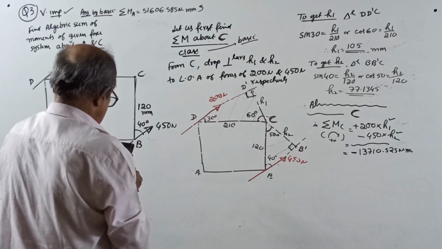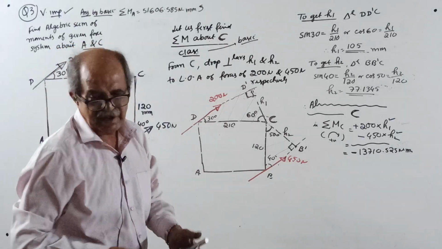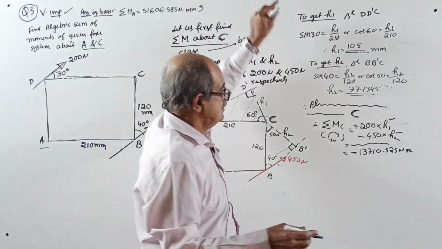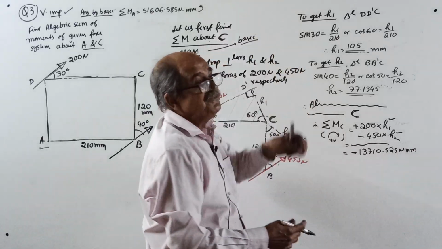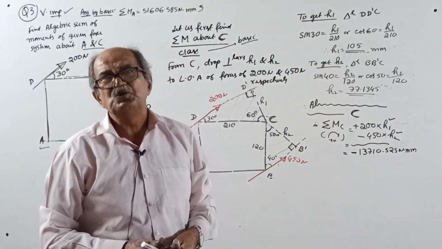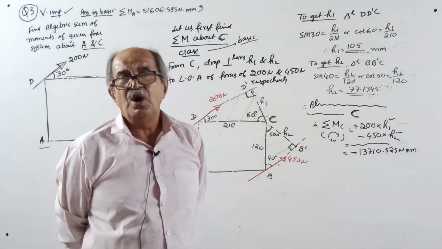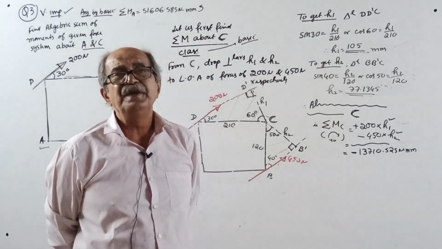It is my own calculation, into 120. 13710. Oh, correct. Newton millimeter. Anyway, that comes later. You don't worry. You should tell. If he murmur something in the class himself, we are not supposed to bother what he is telling. He is telling his own calculation, maybe shortcut for him, or he knows something better. He is not disclosing it.